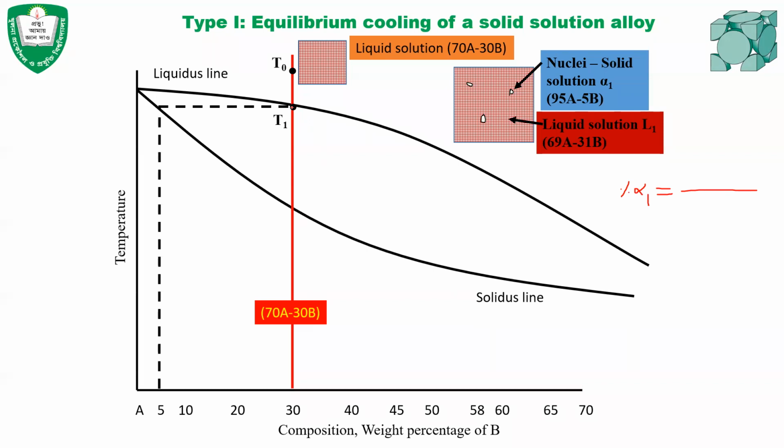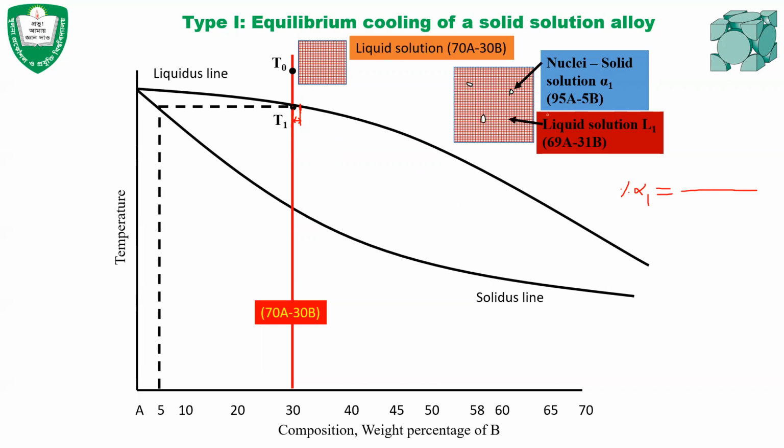According to the lever rule, if you want to find the percentage of solid, then we have to consider the intersection point at the liquidus line. So the distance from this point to that point will give us the percentage of solid.